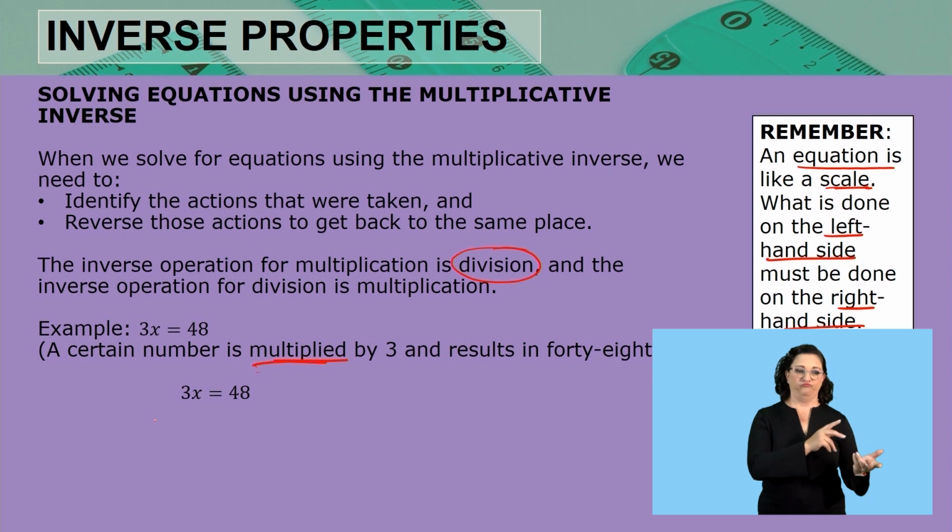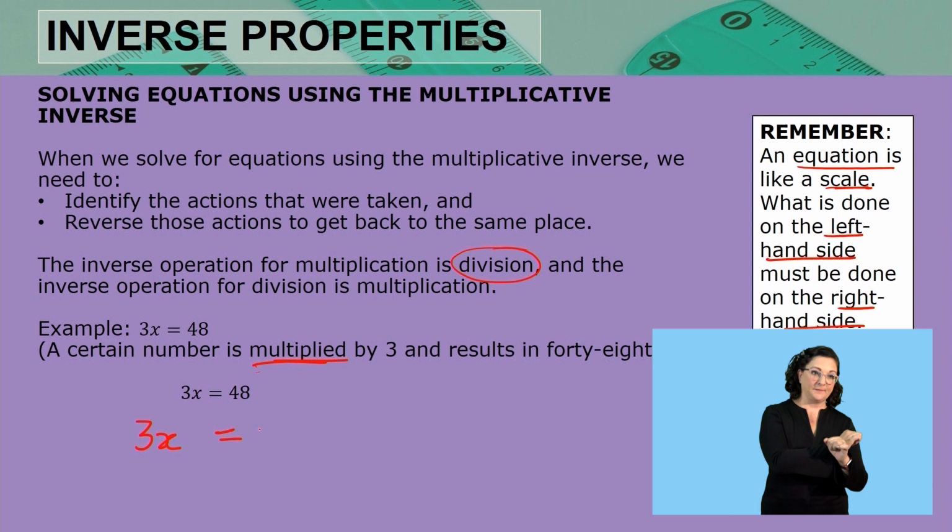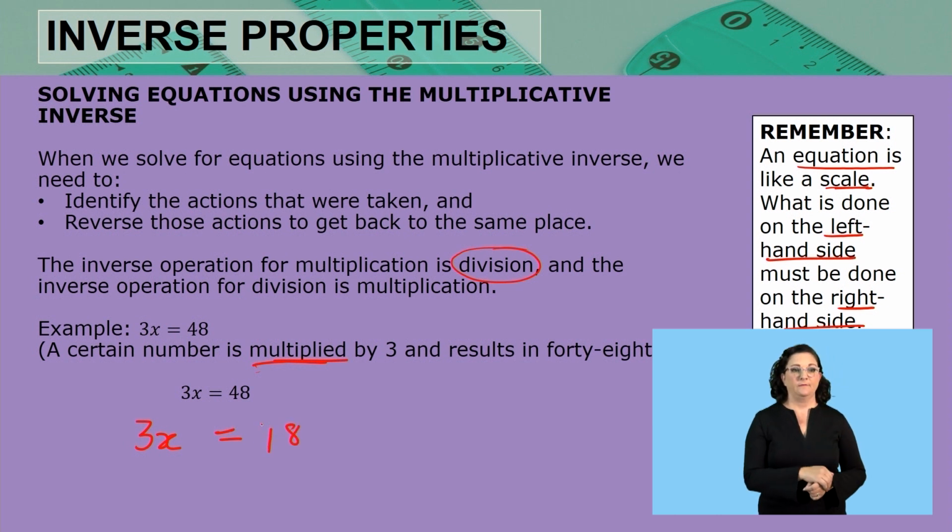Or it is the same as us multiplying by the multiplicative inverse. And the multiplicative inverse of 3 is 1/3. So we are going to multiply by 1/3. And remember, what I do on one side of the equation, I need to do on the other side of the equal sign.